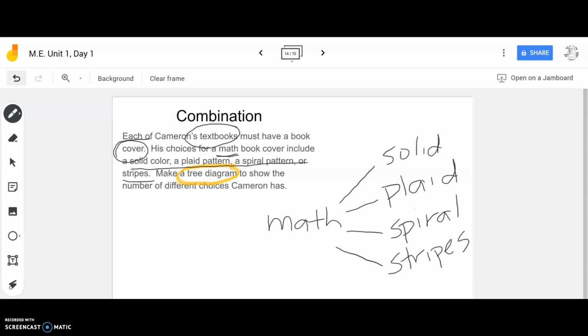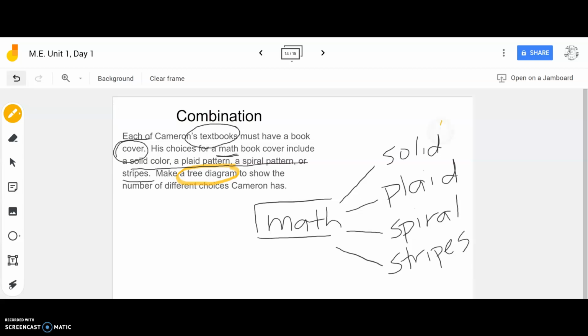So I'm going to double check. My first category was my textbooks, and I only have 1, which led to my 1 trunk. Think of a tree here. And it had 4 branches because my second category of covers had 4 options. So my 4 categories are right there. So now I can use my tree diagram to figure out how many combinations there are.